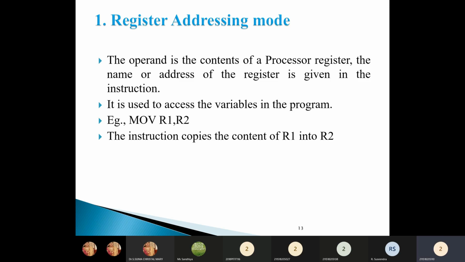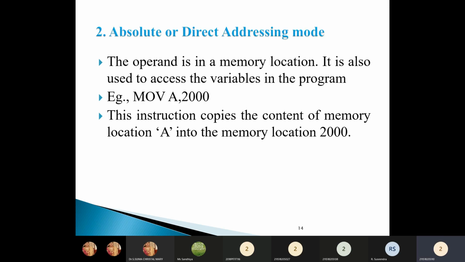Now, absolute or direct addressing mode. We call it absolute addressing mode, or we can also call it direct addressing mode. The instruction specifies the direct address of the operand, and the memory address is specified where the actual operand is. So the operand is in the memory location.